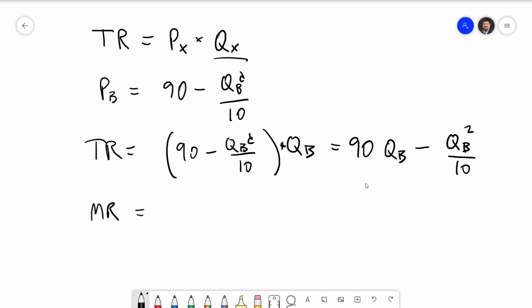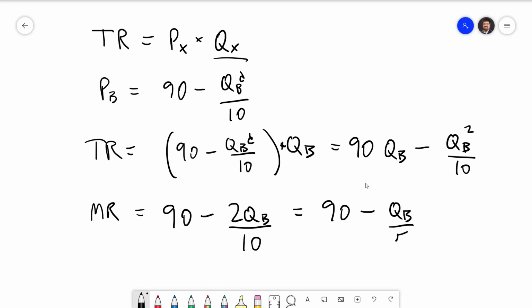Do the first part. Derivative of 90 QB is 90. The derivative of QB squared over 10, the 2 comes down, so we get minus 2 QB. In the exponent, 2 minus 1 is 1, so that just drops out. It's divided by 10. So what we get is 90 minus QB over 5. That 2 and 10 reduce down.